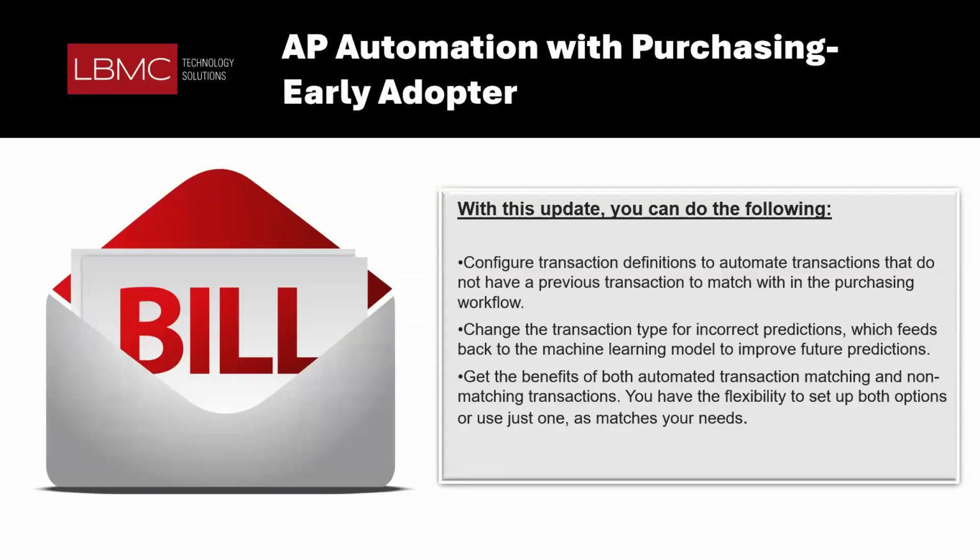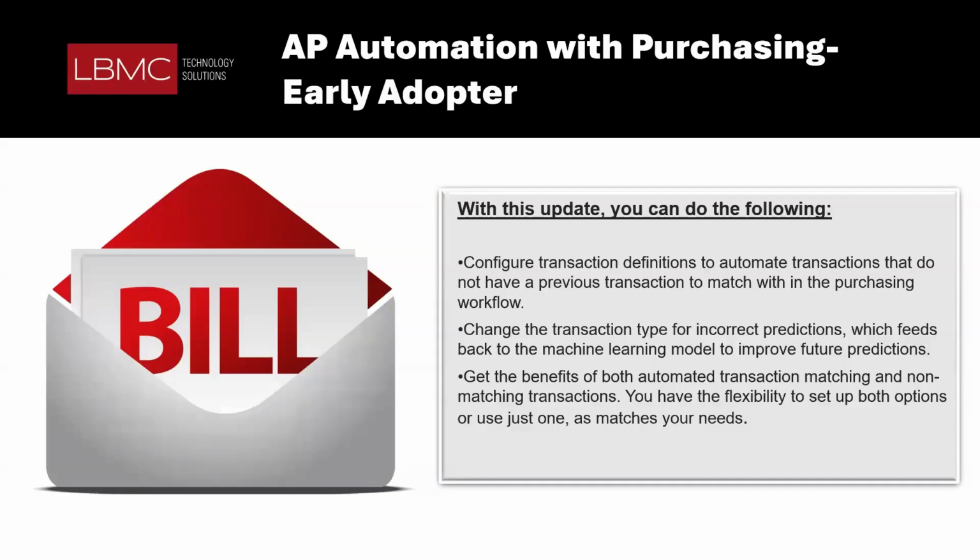AP automation with purchasing streamlines your transaction entries by automatically creating draft transactions for documents that you email or upload. Sage Intacct will identify the vendor and fill in certain transaction details for you, such as location, department, or item IDs.